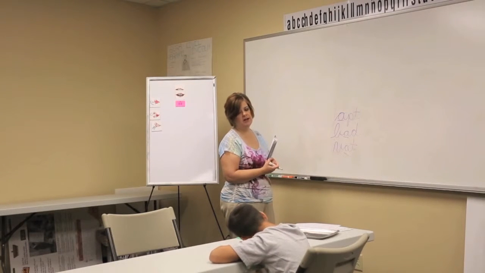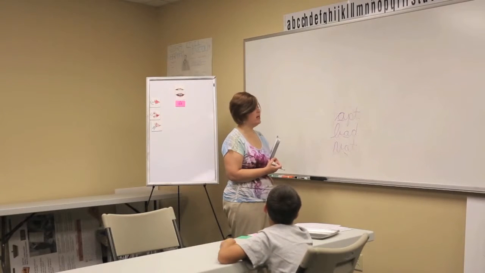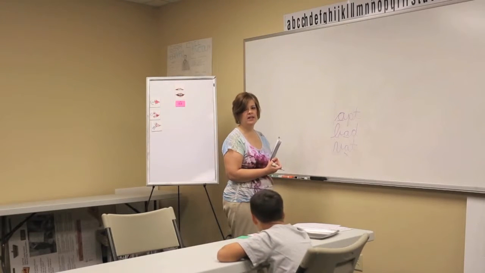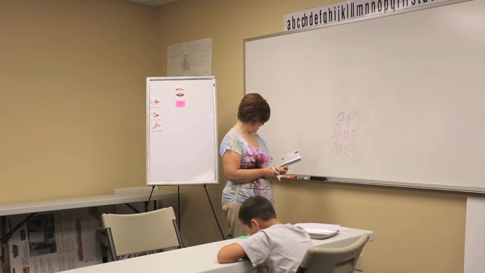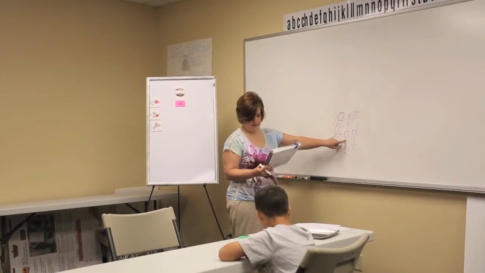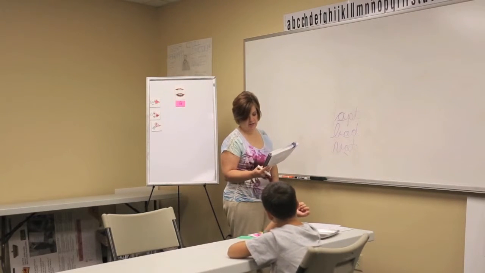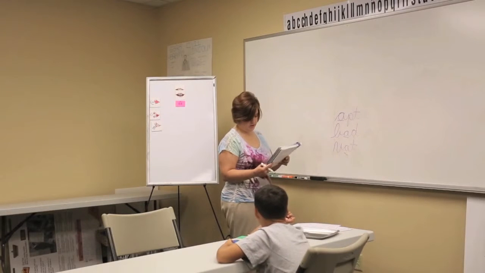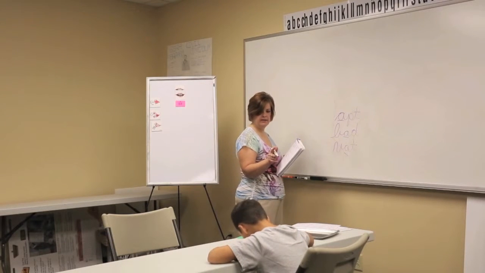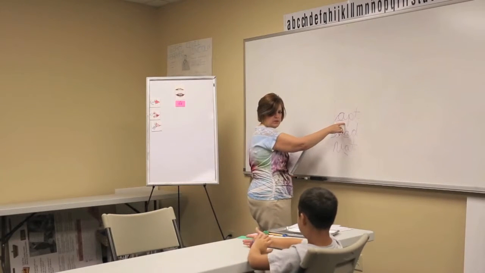Vowel or consonant? Consonant. So when you see A before a consonant, it makes the sound ah. And we know, Caden, because a vowel in a closed syllable is short.